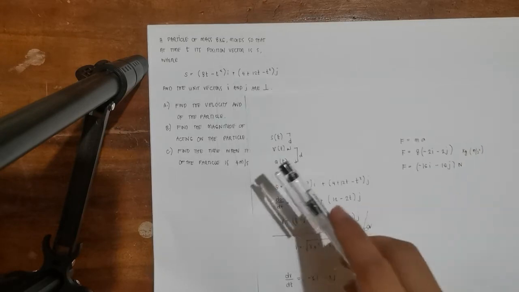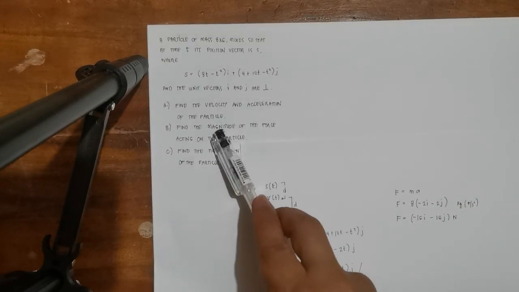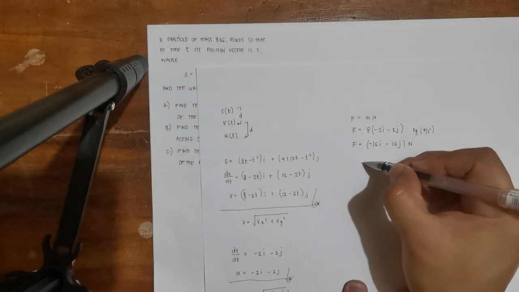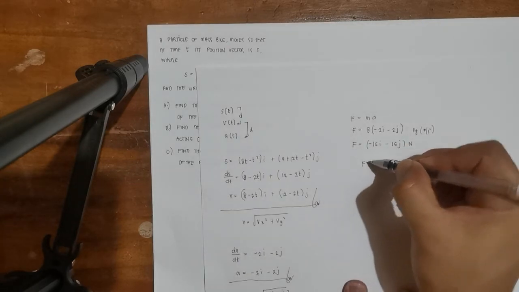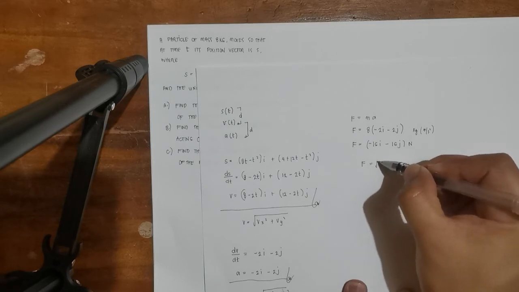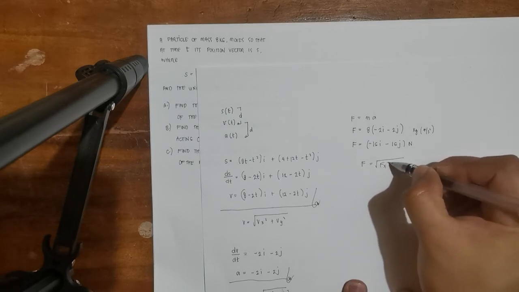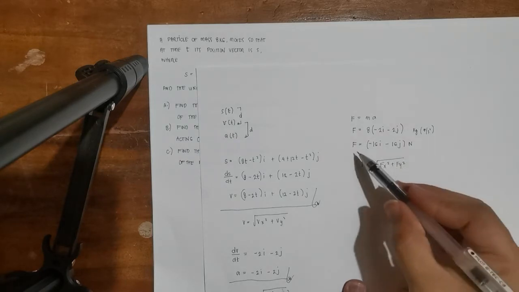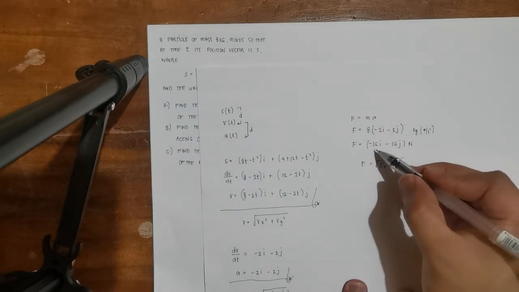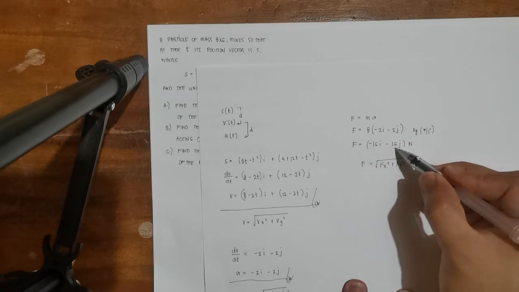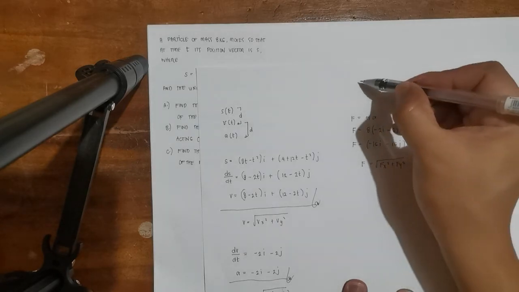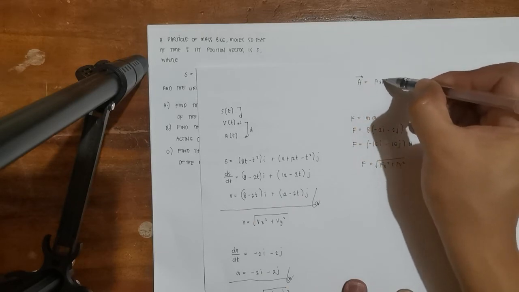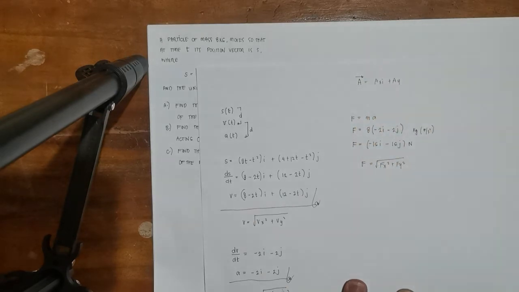Okay, but the requirement needed is the magnitude of the force. So, para makuha yung magnitude ng force, that is equivalent to square root of fx squared plus fy squared. Since naka-vector form po ito, ito yung fx natin, ito yung fy natin. Since alam naman natin that the vector quantity is axi plus ayj.